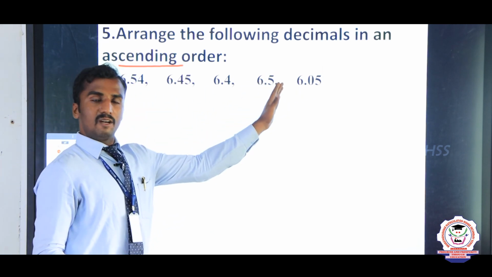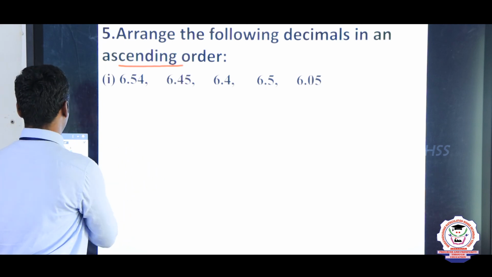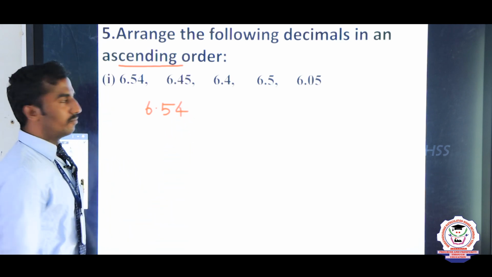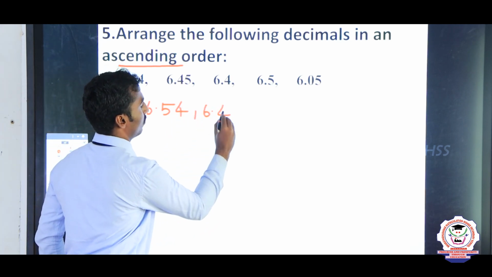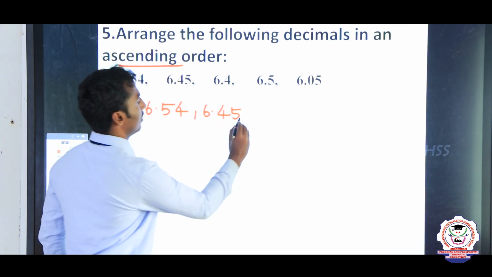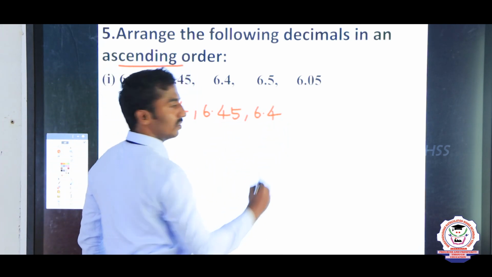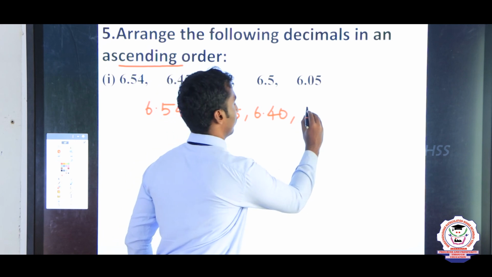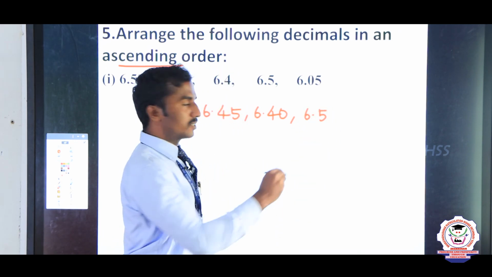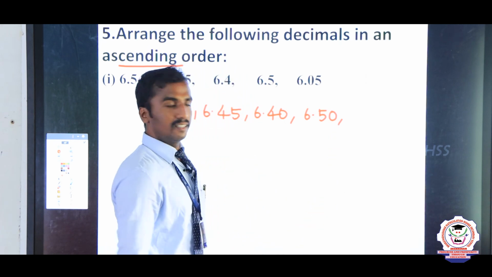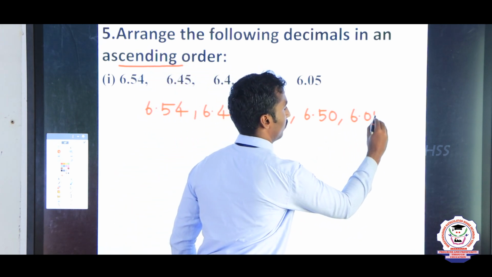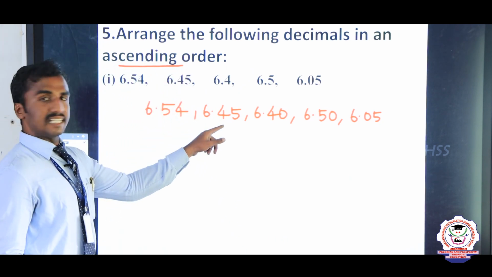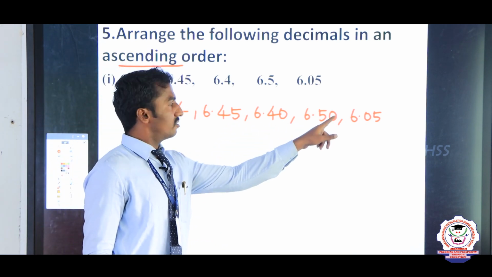First step, change these values into like decimals. 6.54, 6.45, next 6.4, one more digit is 0, 6.5, next digit is 0, 6.05. After decimal point having 2 digits: 6.54, 6.45, 6.40, 6.50, 6.05.